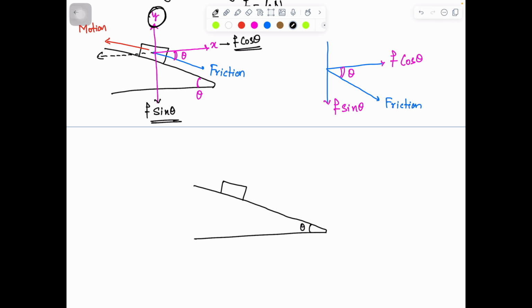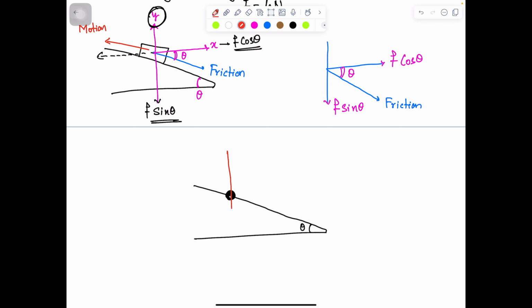First step, take this point and draw the x-axis and y-axis. Take this point, which will make it easier for you. This is your car. Draw the x and y.